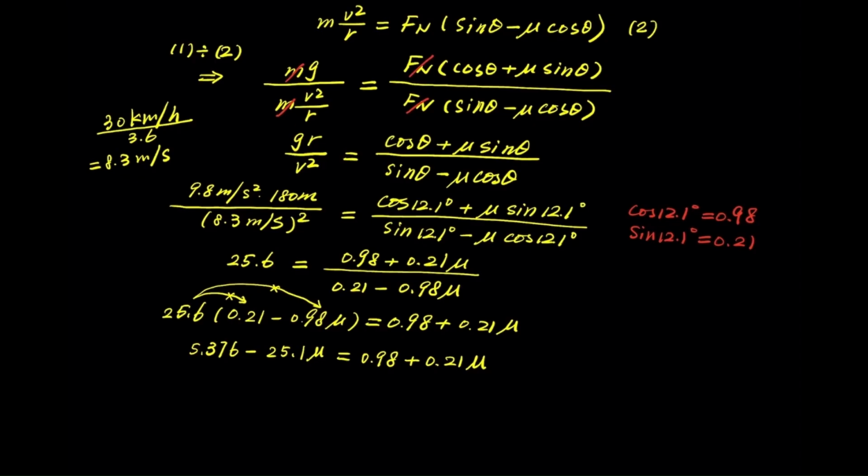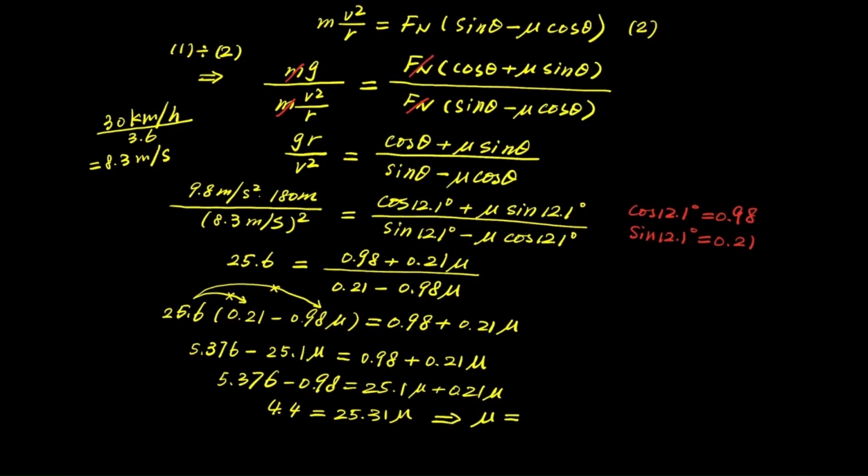So rearranging this equation, we have 5.376 minus 0.98 equals 25.1 mu plus 0.21 mu. So the left side is 4.4 and the right side is 25.31 mu. So this gives us mu equals 0.17.